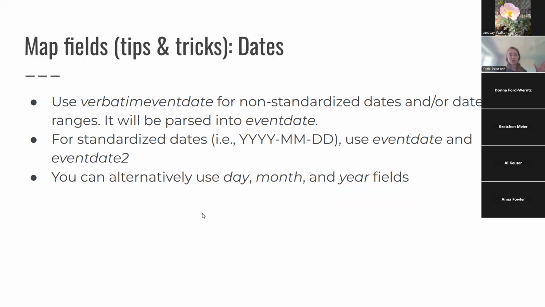If you have a range or anything funky in your date field, then you'll probably want to use verbatim event date. And then you can alternatively use day, month, and year fields, but I don't believe you can do day, day 2, month, month 2, year, year 2. So ranges still need to be either in this standardized format or you put them into verbatim event date.